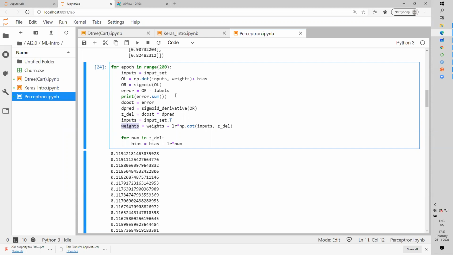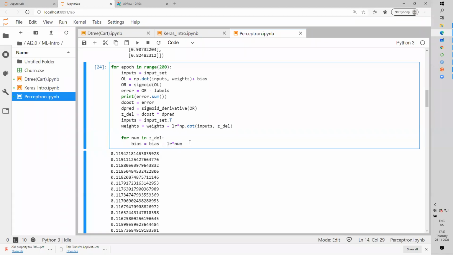Our weights will get updated in a way that will try to reduce the overall error, and we will run this loop for, let's say, 200 iterations and see how much our error decreases. And we need to also update the bias. So we are updating the bias minus... For bias, there is no need of derivative. We are just using these values itself, minus learning rate times the same number.